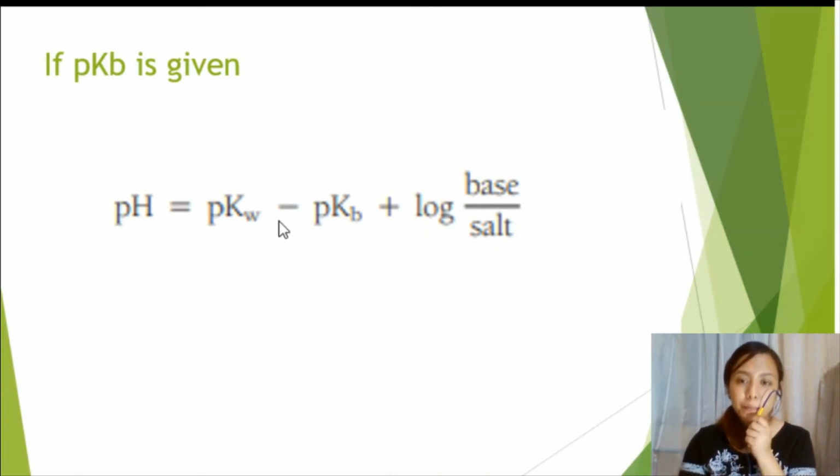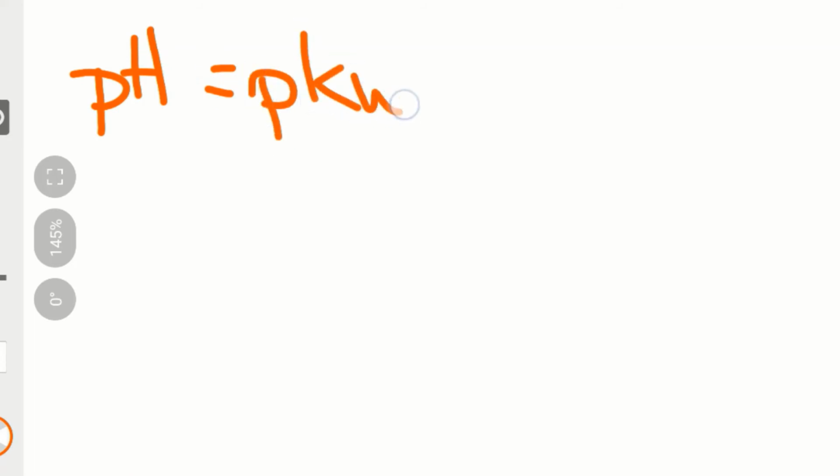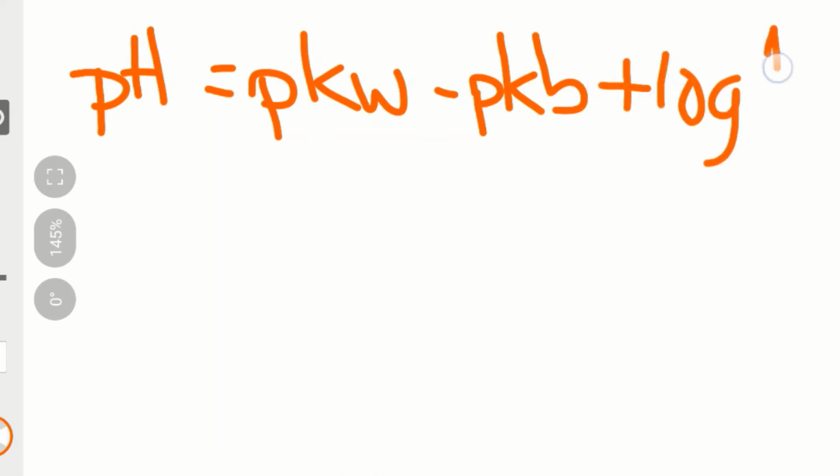So here, pH is equal to pKw minus pKb. So basically, your pKa was just derived from this one. So actually, your third formula for Henderson-Hasselbalch is pH equal to pKw minus pKb plus log of base over salt.